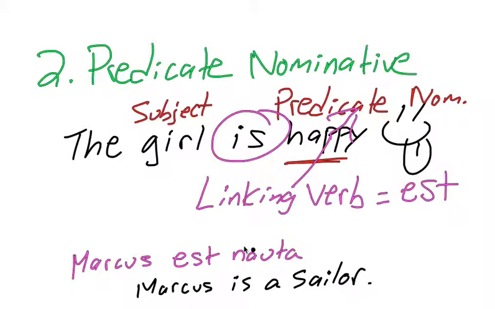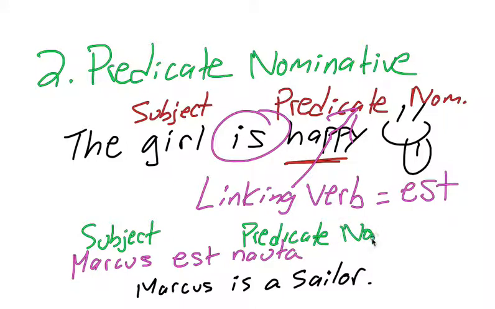Okay, and so in this sentence, Marcus is the subject, and nauta is the predicate nominative.